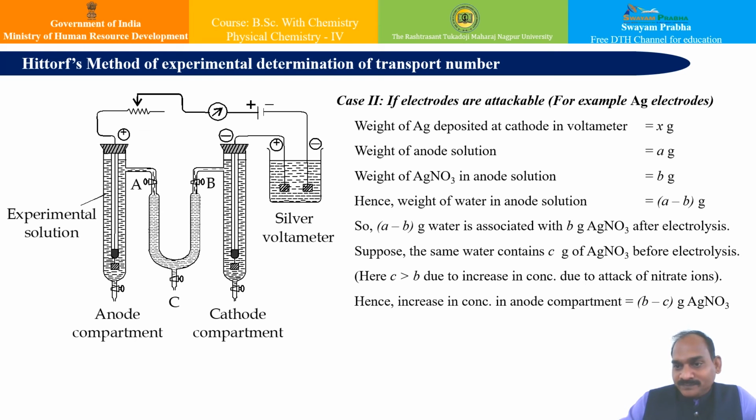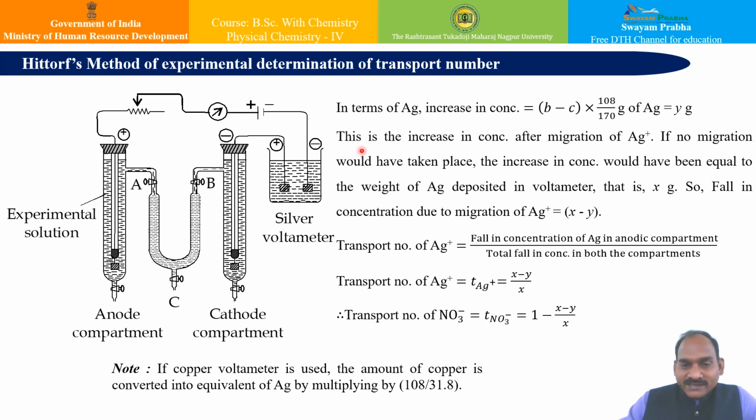So then, in terms of silver, the increase in concentration is (b minus c) into 108 upon 170 grams of silver, that is y grams. Now this is the increase in concentration after migration of silver ions.